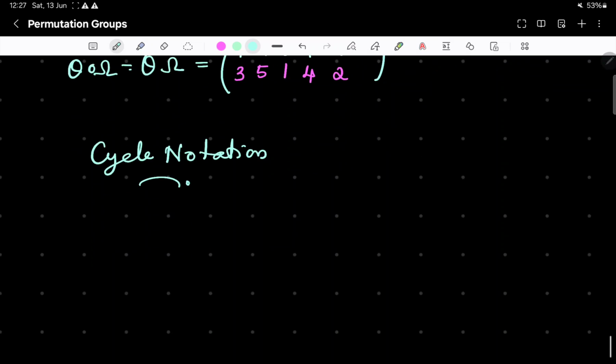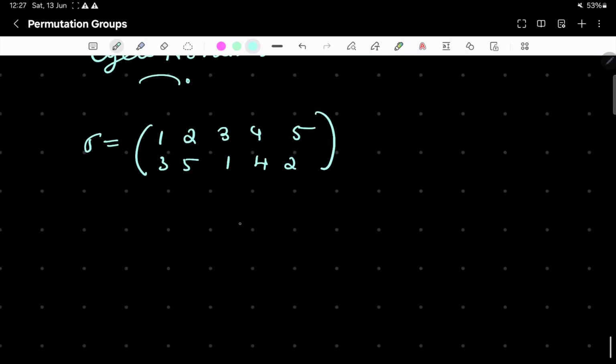So cycle notation is simple. Let's take 35142 and try to draw the graph of this function.